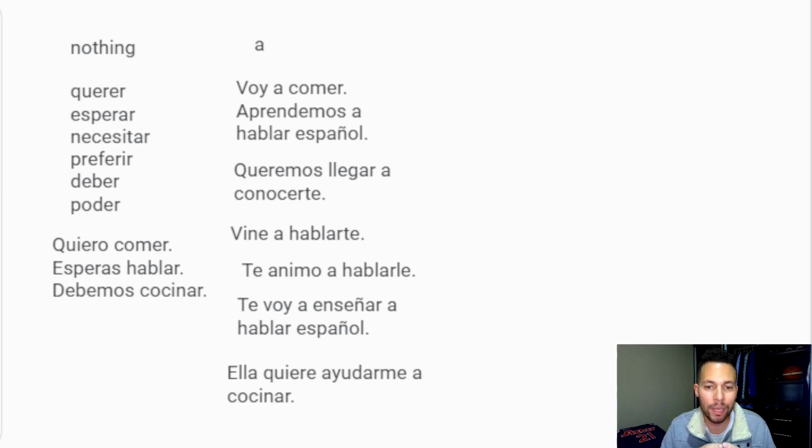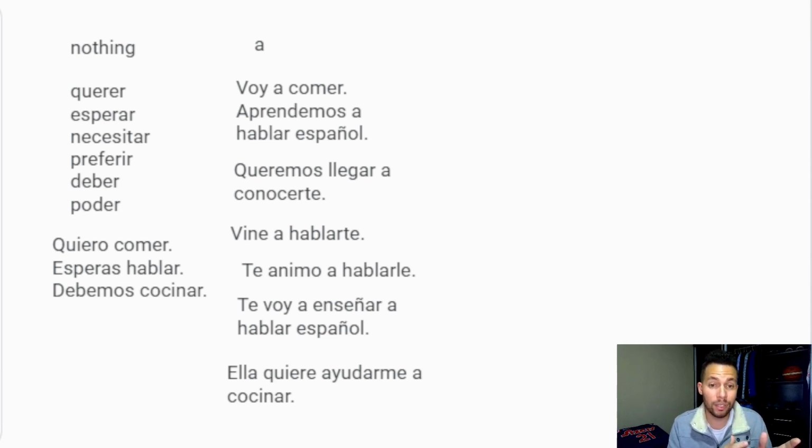She wants to help me to cook. She wants to help me to get to my end goal of cooking. Some of these things, whether or not it's a bit of a stretch, we're doing the best we can to sort of make sense of why we are attaching infinitive verbs to different grammatical components.